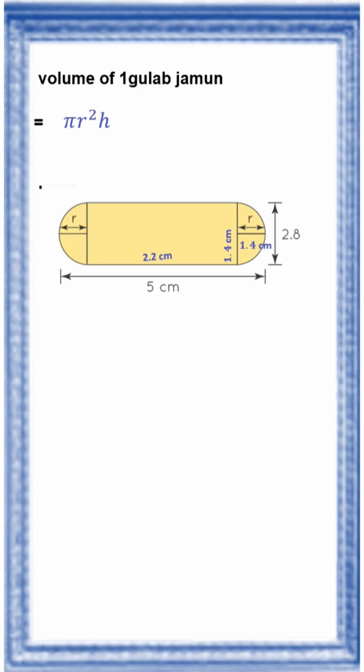pi r cube. Now we can take pi r square outside the bracket, as it is common. Here r will be remaining inside the bracket. So pi r square into h inside the bracket plus 2 into 2, that is 4r by 3.